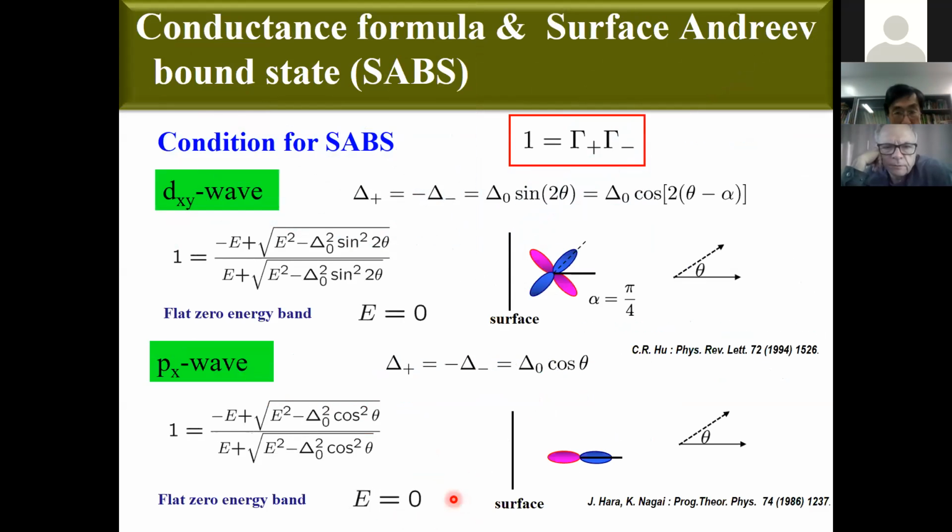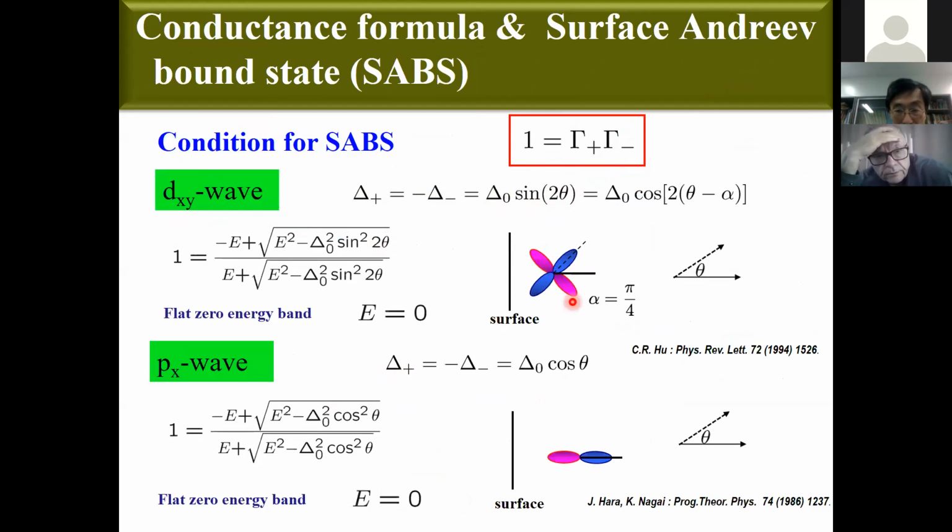Okay, so then let's apply it to well-known cases, the d-wave case and the p-wave case. First look at the d-wave case. In that case, the pair potential is given like that. Why it is relevant to high Tc cuprates, I would like to mention in more detail later.